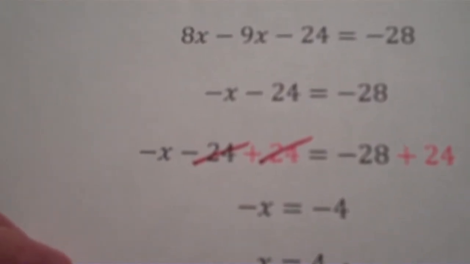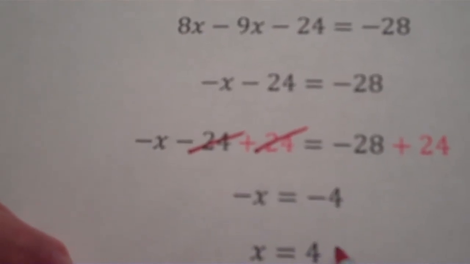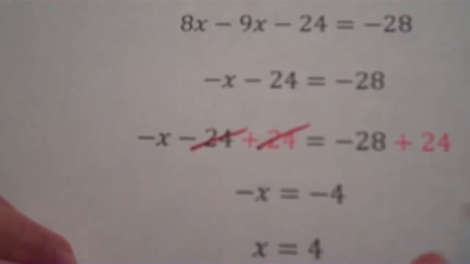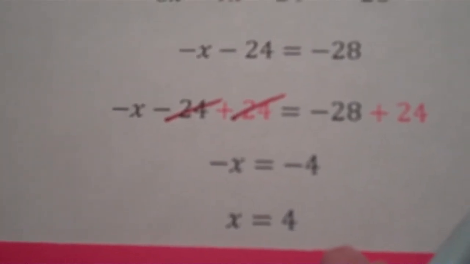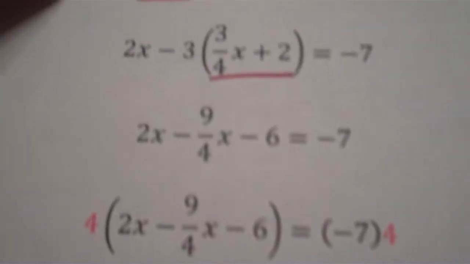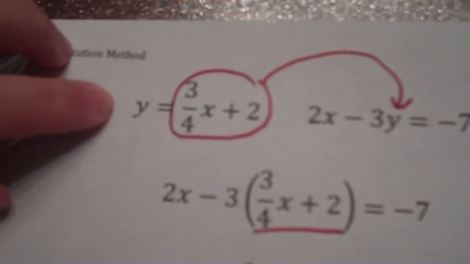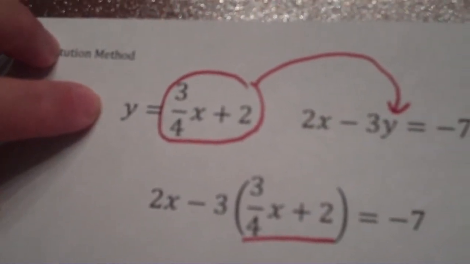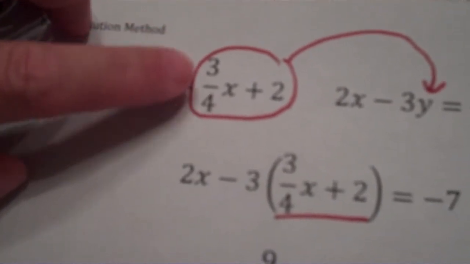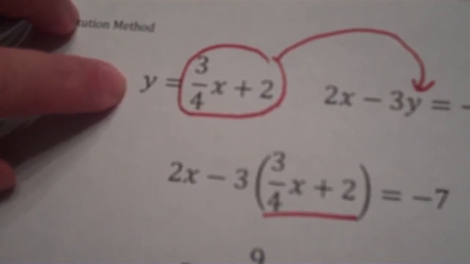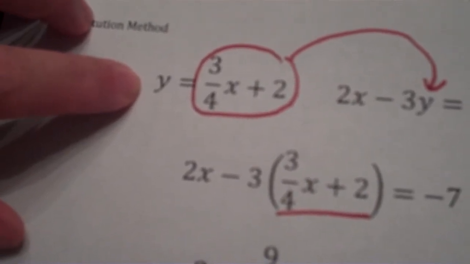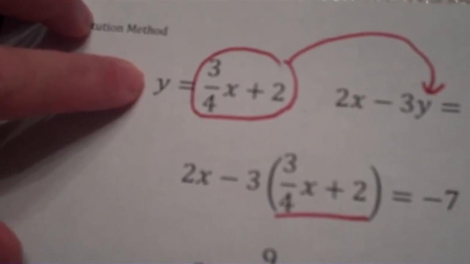But keep in mind, this is only the x coordinate. I now need to find the y coordinate. And if we look back up at our original equations, in this particular case, I think it's much simpler to plug the 4 into the equation on the left in the y-intercept form. You could plug it into the other one, but again, it's much easier to do the one on the left, so we'll go that way.